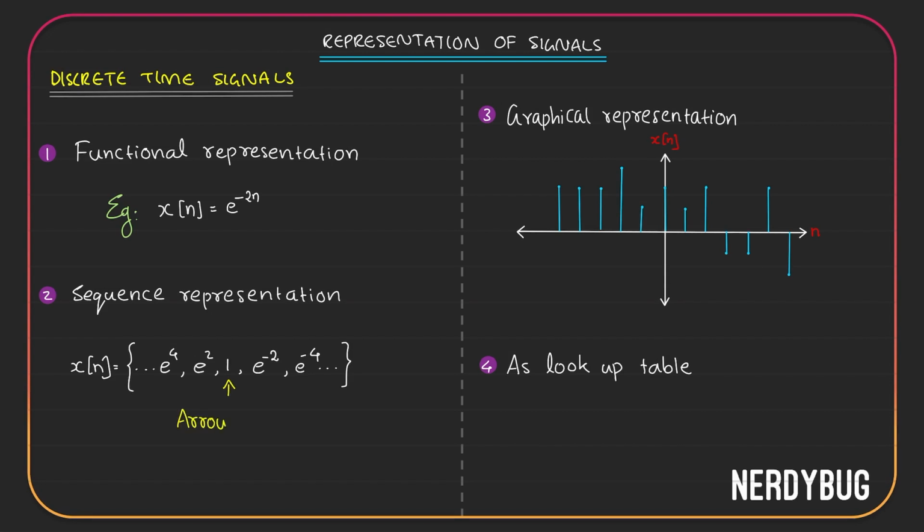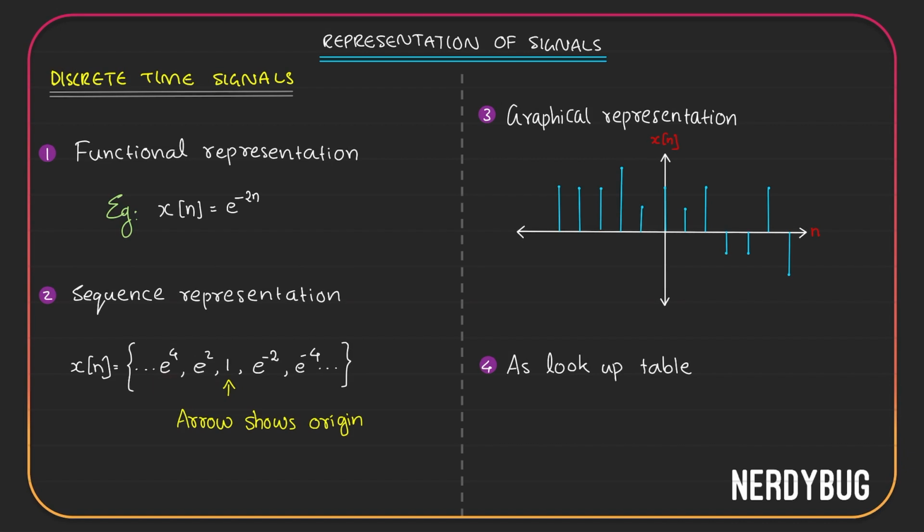The arrow shows the origin. Now, if you show this to someone, they will directly know 1 is the 0th term, the first term is e raised to minus 2, e raised to minus 4 is the second one, and it goes on like that. On the other side, e squared is x of minus 1 and e raised to 4 is x of minus 2.